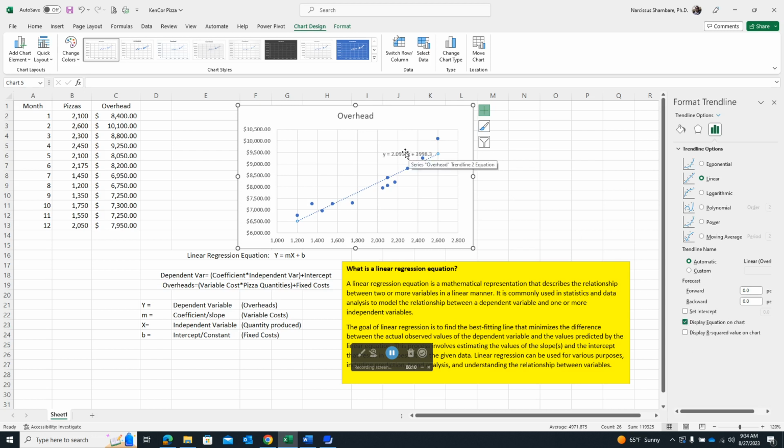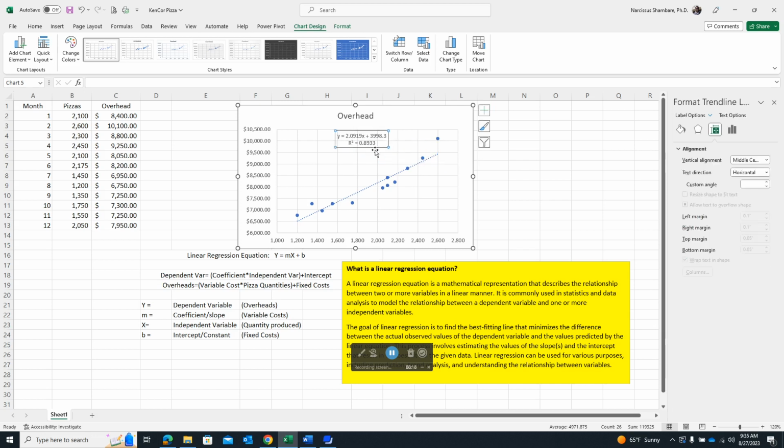Now we have that chart. And we can also display the R square, right? And we can move it somewhere where it's a little more visible. Now that we have this, of course, this is our equation, which is the equivalent of that, right? Okay, so it is actually calculated for us the coefficient, which is $2.09.